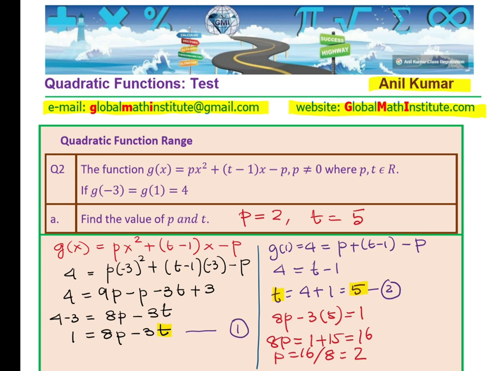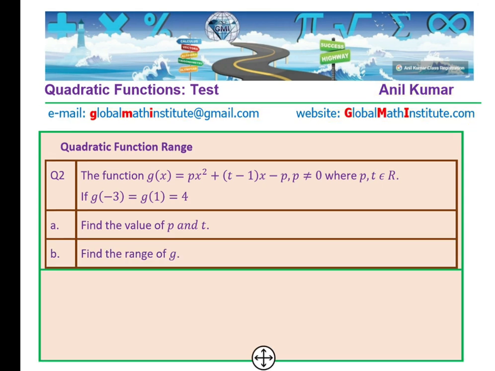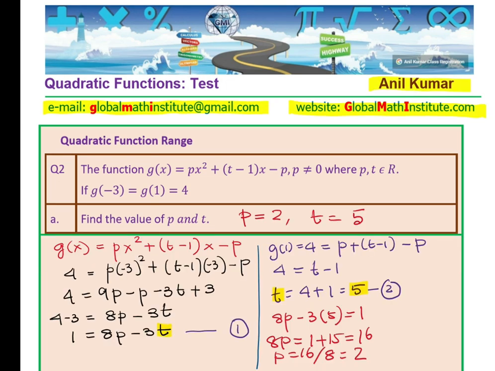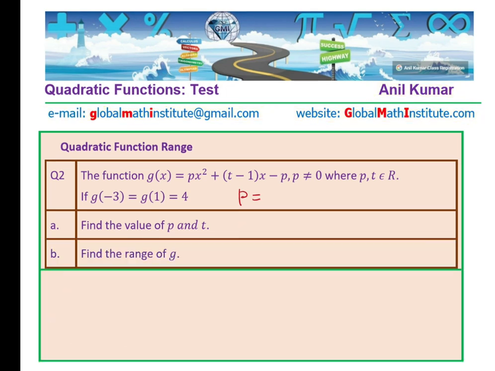Now let's look into the other part of this question, which is we need to find the range of this function also. We figured out that p is 2 and t is equal to 5.